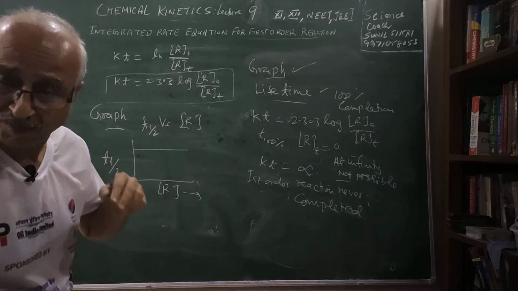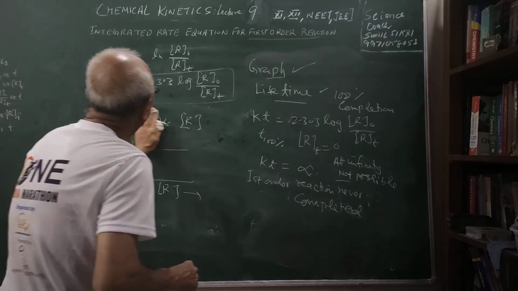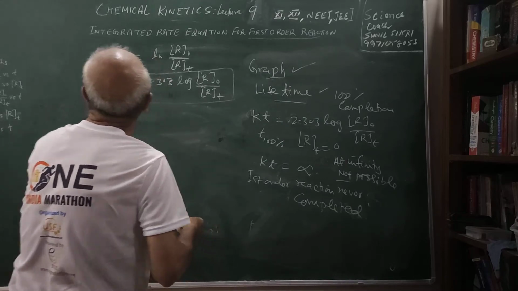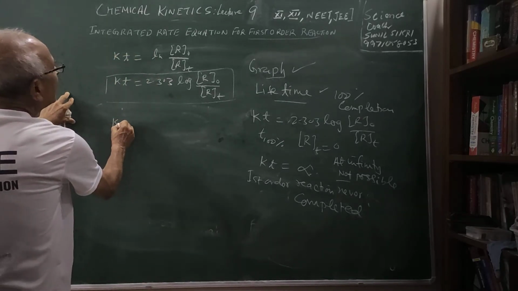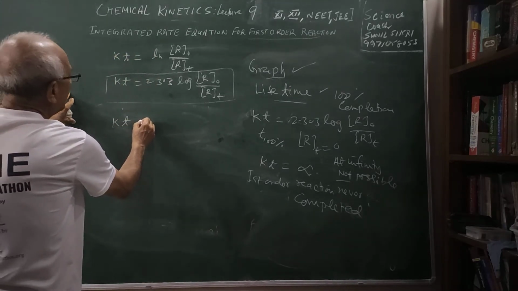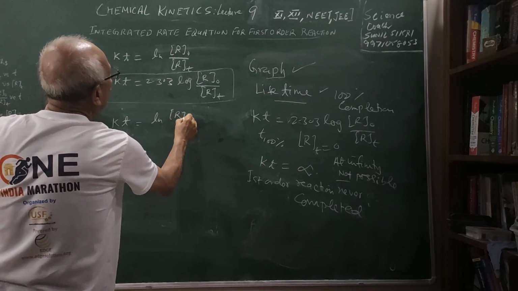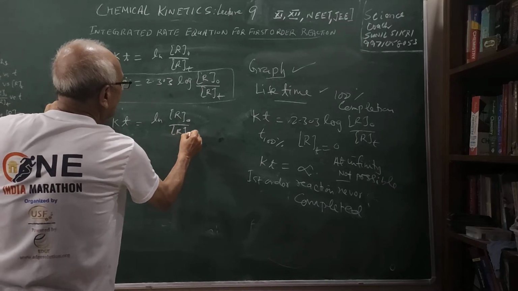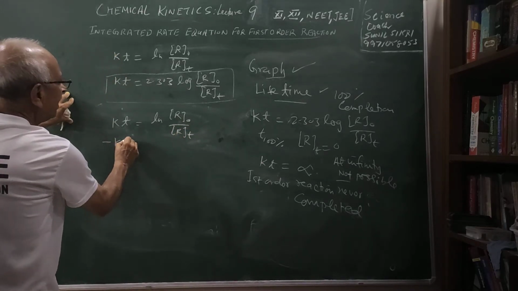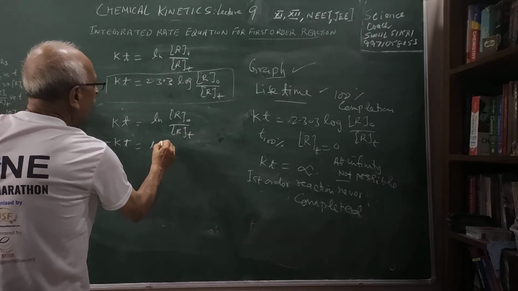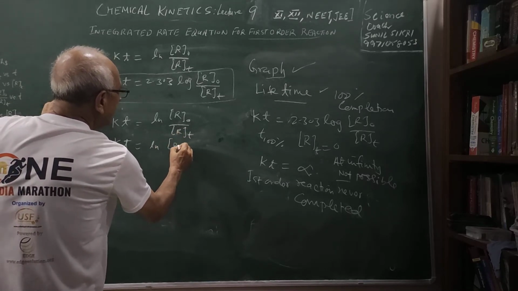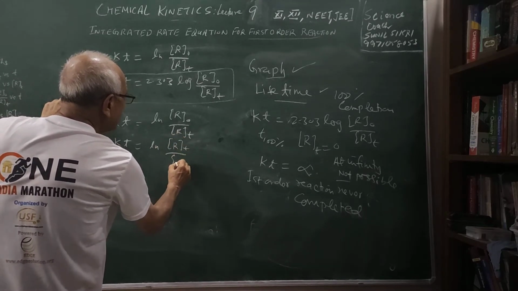And a further important thing here is that I can say kt is equal to ln of R0 by Rt, or I can write minus kt is equal to ln of Rt by R0.